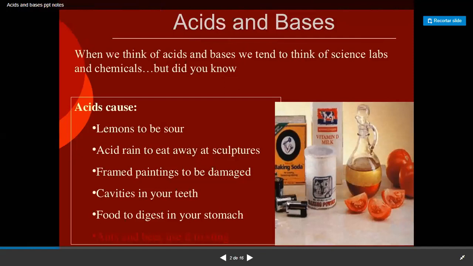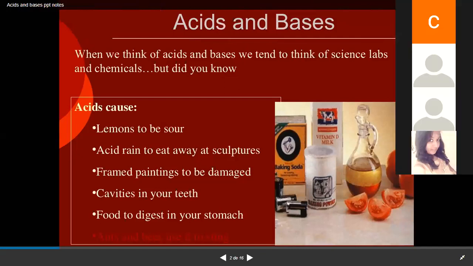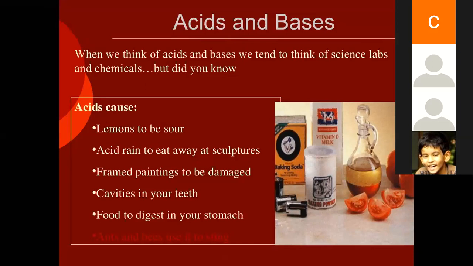Now, when we think of acids and bases, we tend to think of science labs and chemicals, but I don't think we knew that acid causes lemon to be sour. Acid rain: when sulfur dioxide and nitrogen dioxide, which are released from factories, mix with the rain, it causes acid rain.